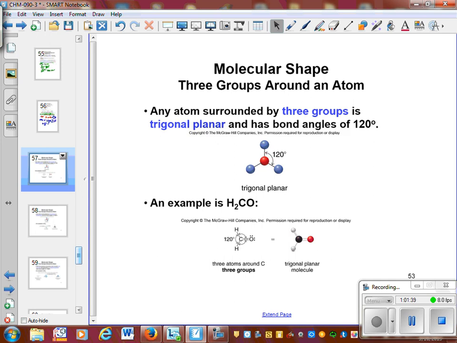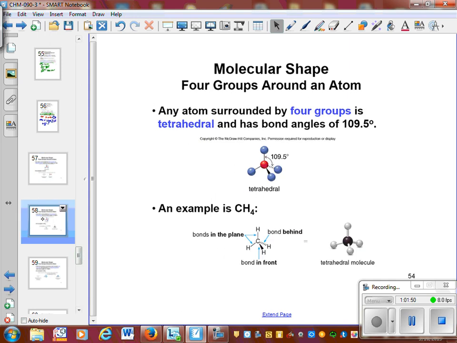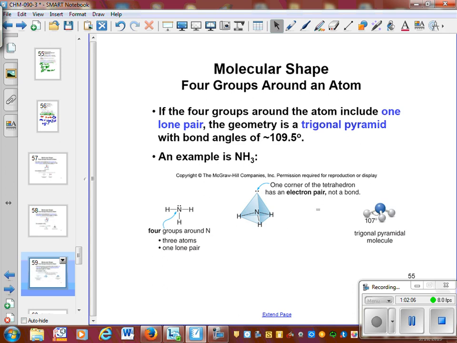With 4 groups, methane is tetrahedral. These are all on your PowerPoint slides. Ammonia, which we talked about, is tetrahedral, but one corner of the tetrahedron is that lone pair. We don't see that, so it ends up being trigonal pyramidal. Remember, we can only see groups that have atoms attached to them.